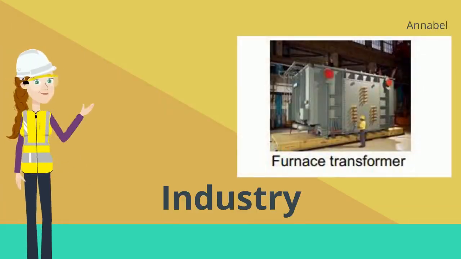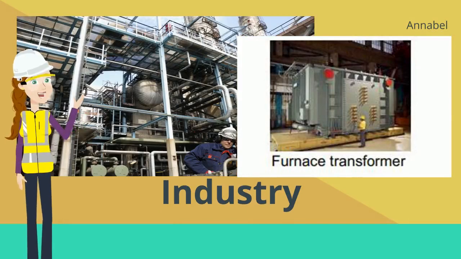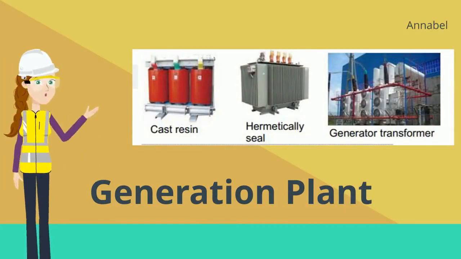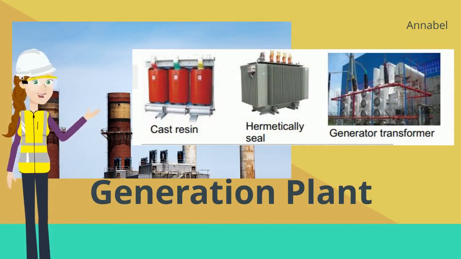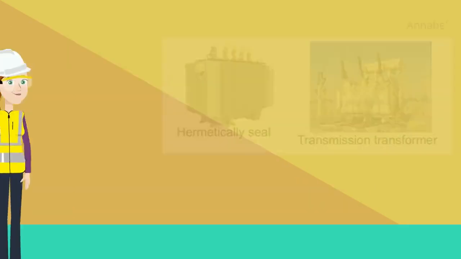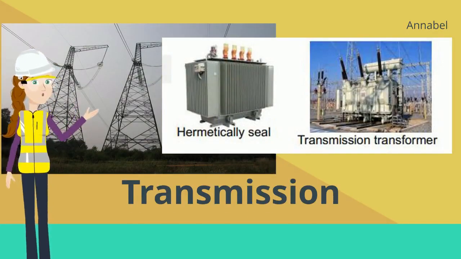For the industry, furnace transformers are widely used for power supply. Moreover, the power supply used at the generation plant are cast resin, hermetically sealed, and generator transformers. Next, for the transmission, hermetically sealed and transmission transformers are used as the power supply.